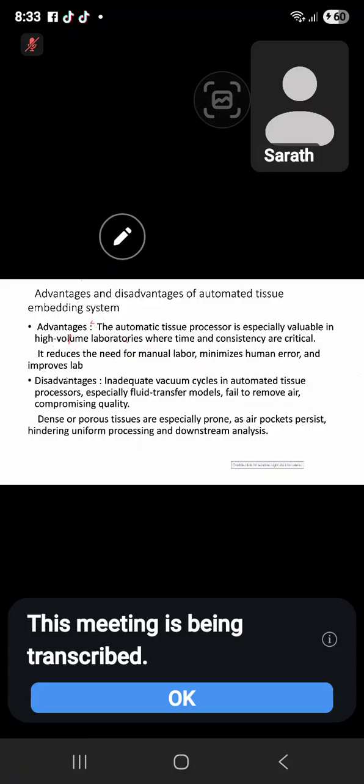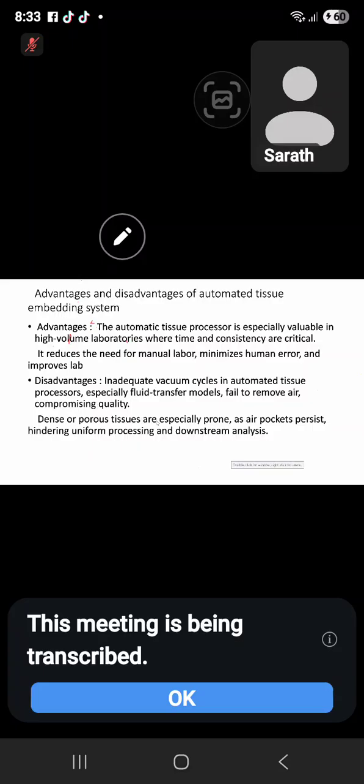What are the disadvantages? Inadequate vacuum cycles in automated tissue processors, especially fluid transfer models, fail to remove air, compromising quality.